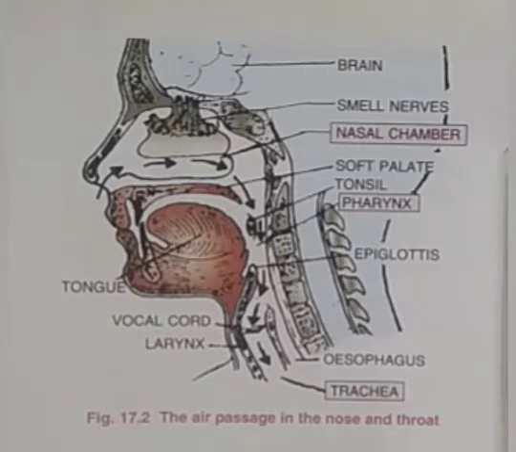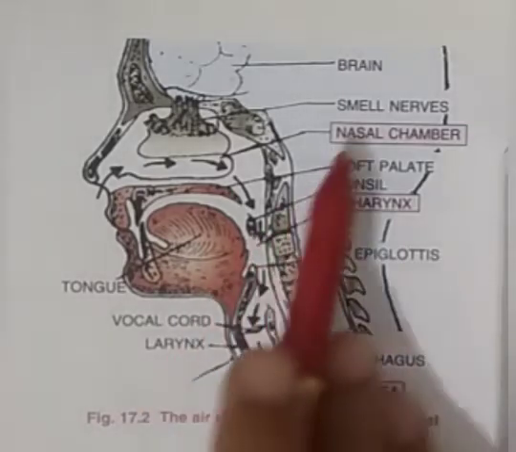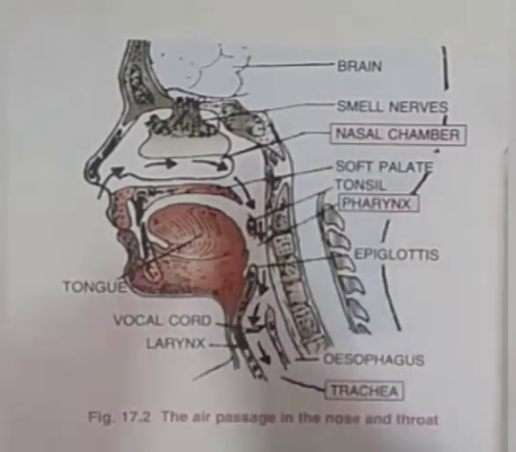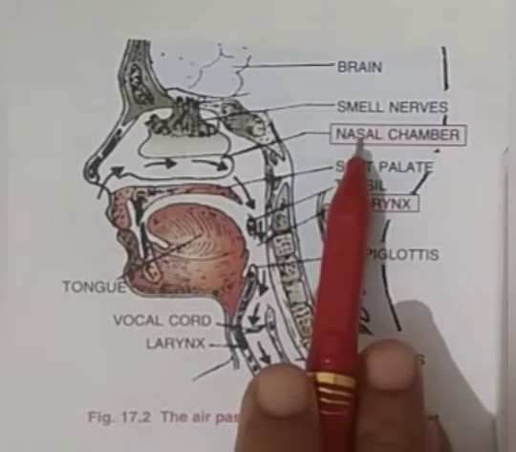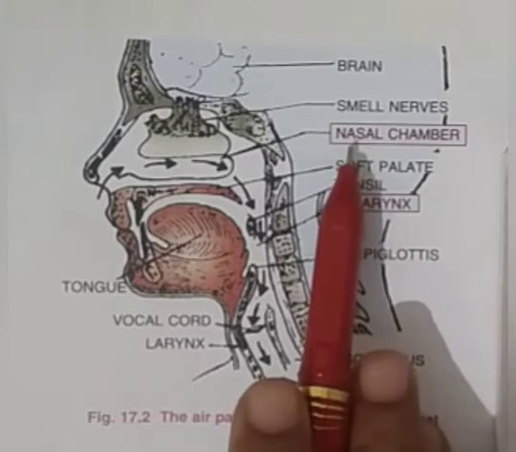As air enters the nostril, it enters into one passage, one chamber. That chamber is known as the nasal chamber, or nasal passage. The inner lining of the nasal chamber performs three functions.